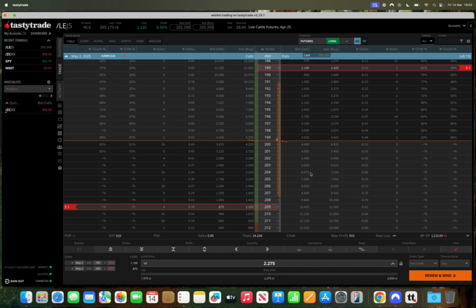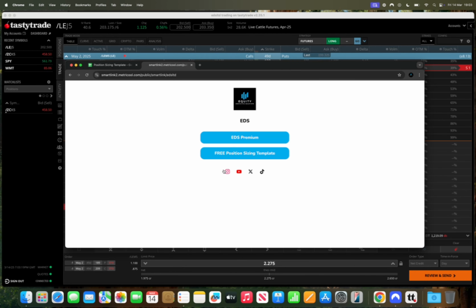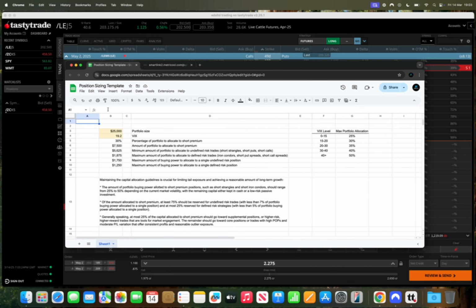Okay, now you do need to keep your buying power requirement in check. You need to make sure that you are carefully allocating your buying power to your positions, and in order to know how much you should be allocating per position, we have created a free position sizing template. The link is in the description. The way it works is you enter in the size of your portfolio. So say if it was $10,000, you enter that, and then below you can enter in whatever the current VIX level is.